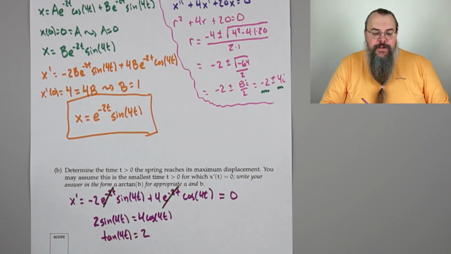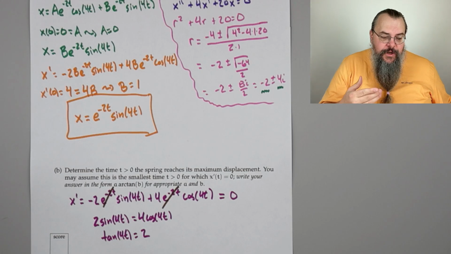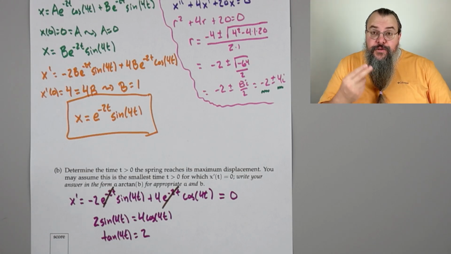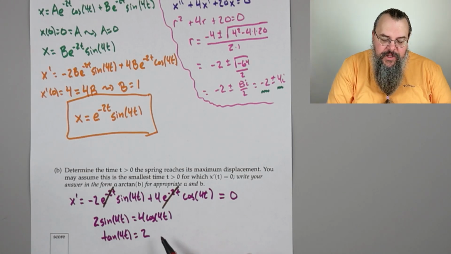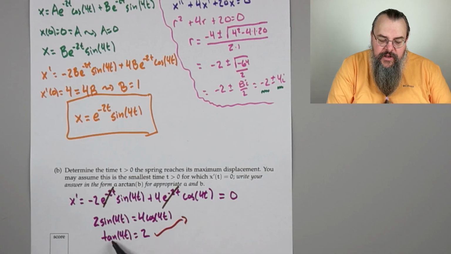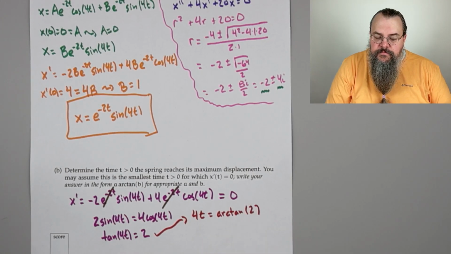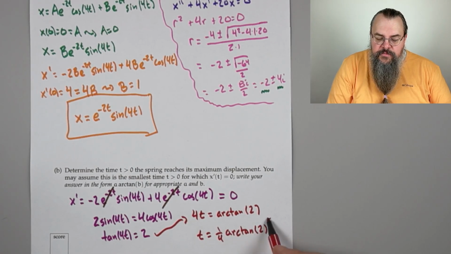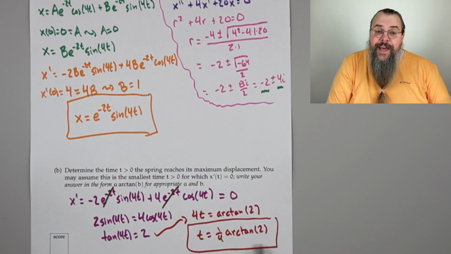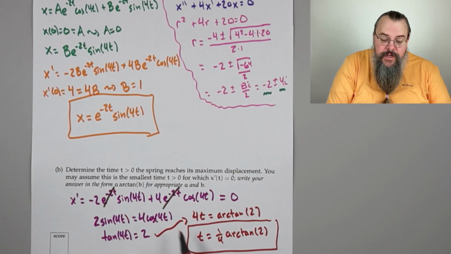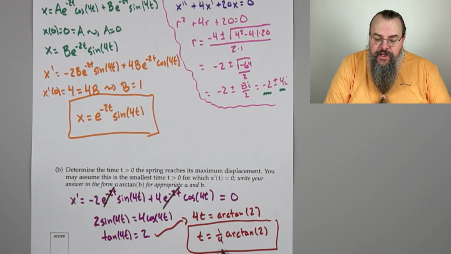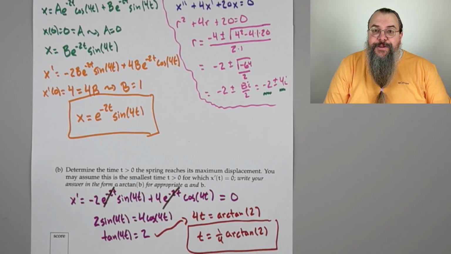So we are looking for the value of time t where tangent of 4t is 2. What can we do? Take the arctangent of both sides. 4t is equal to arctangent of 2, and then divide, and we get t equals 1/4 arctangent of 2. And so that's our time. And it has the right form, A arctangent B, so here A is 1/4, B is 2.